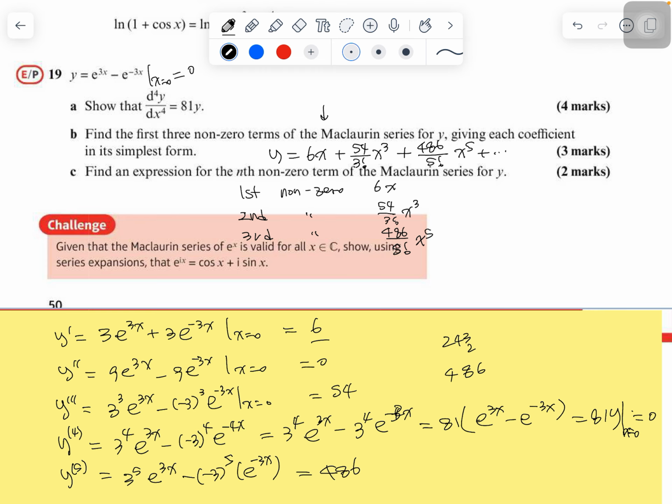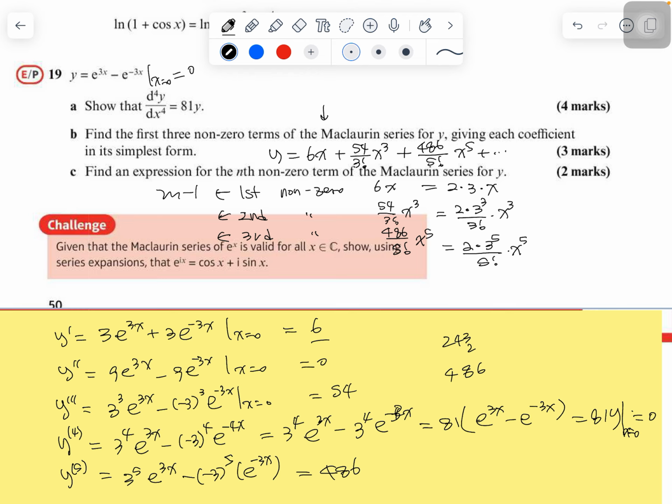So now actually we know the pattern. So this is 2 times 3 times x. This is 2 times 3 to the power of 3 over 3 factorial x to the power of 3. So here 2 times 3 to the power of 5 over 5 factorial x to the power of 5. So now the third number is 5, the second number is 3, the first number is 1. So 2n minus 1, right?